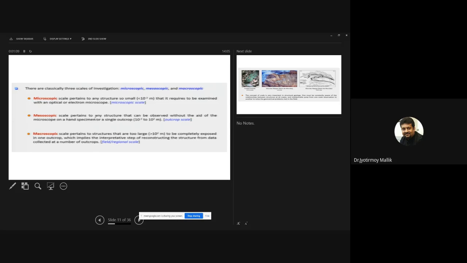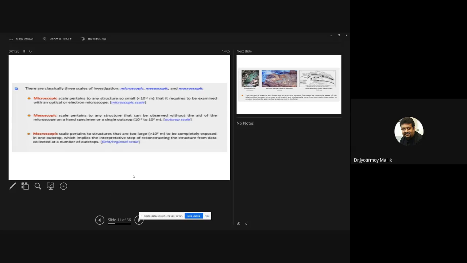And then mesoscopic, the scale which can be an outcrop scale or a hand specimen scale, so 10 to the power minus 2 to 10 square meter, that is what we are looking at. And those sorts of structures, we will call mesoscopic structures.